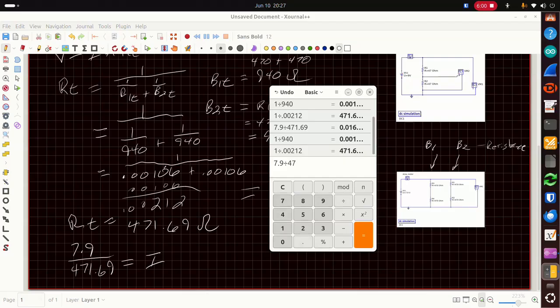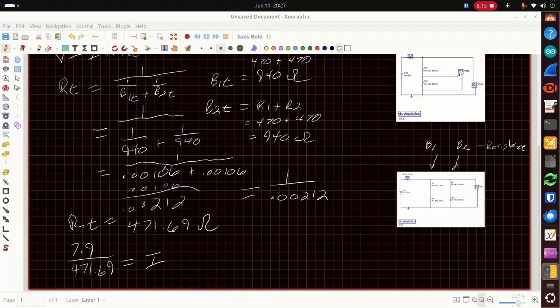So I'm going to clear it. 7.9 divided by 471.69 equals, so the current is 16.